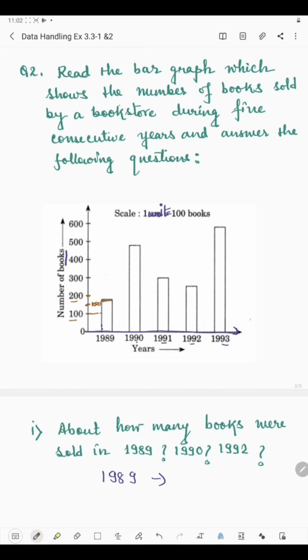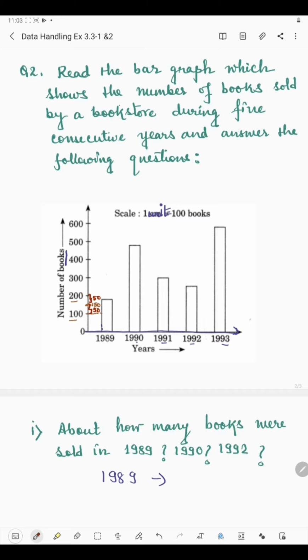Now between 150 and 200, how many books were sold? It's 50. Now this bar, the height of the bar is showing in between 50 and 100, this is 50 and this is 50, right?